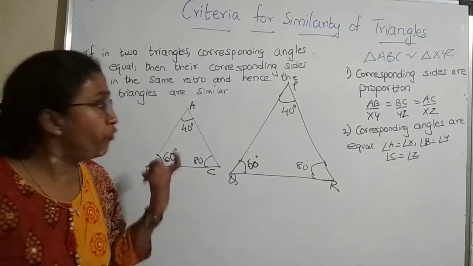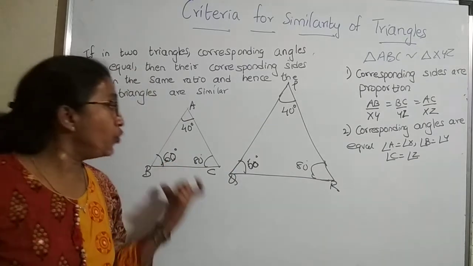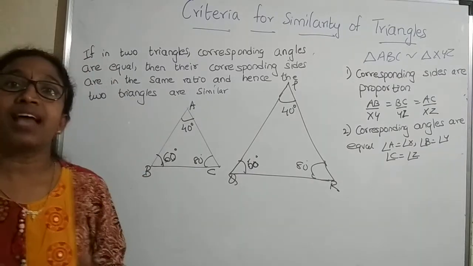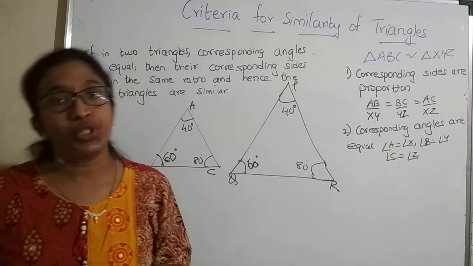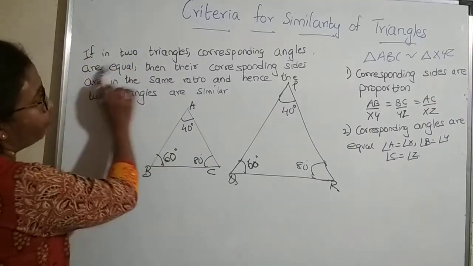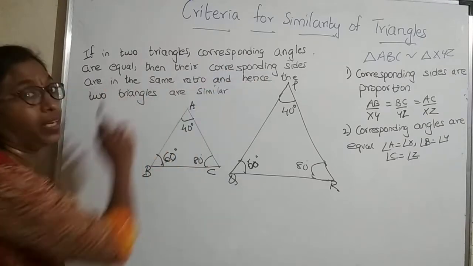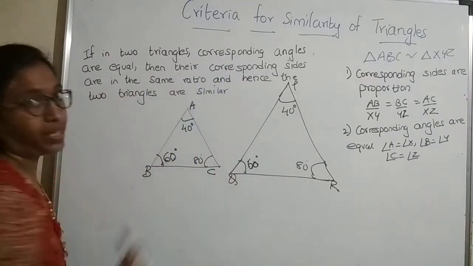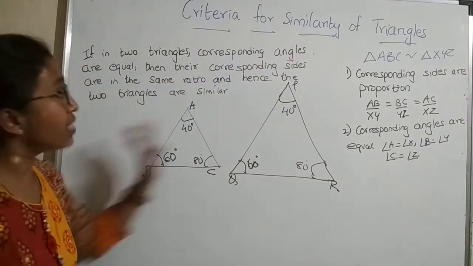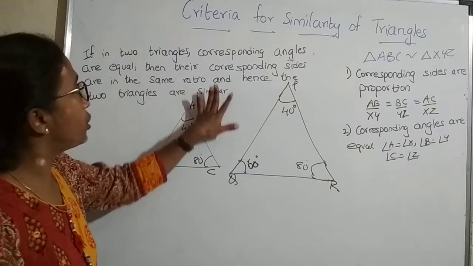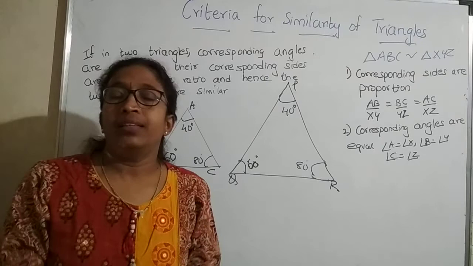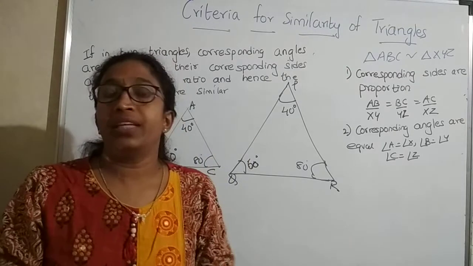And then if you measure the corresponding sides, you will find that the corresponding sides are in proportion, means the ratios are equal. So that is what is said, that if in two triangles the corresponding angles are equal, then students we can say that the corresponding sides are in the same ratio, hence the two triangles are similar. When you do it practically, it will really fit in your mind and you will never forget.